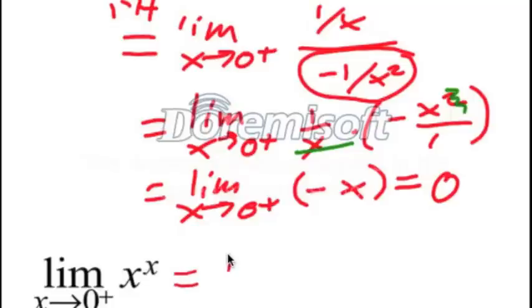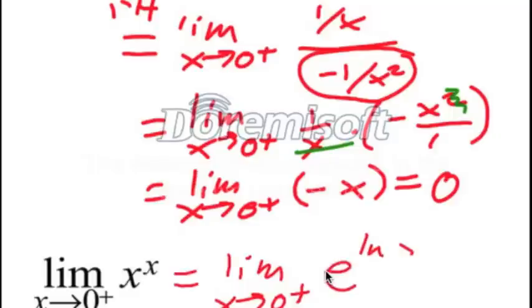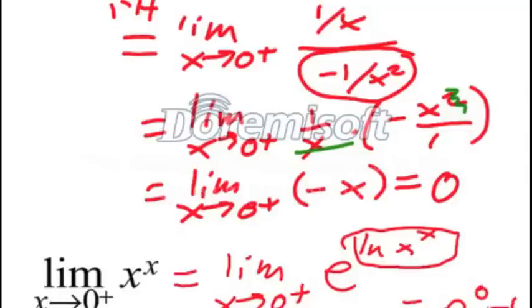So really, we're saying this is the same as the limit as x approaches 0 from above of e to the natural log of x to the x. And this numerator, that's the limit we just found to be 0. And so we now have e to the 0, which is 1. Kind of a tricky example. Again, like logarithmic differentiation, only with limits instead.